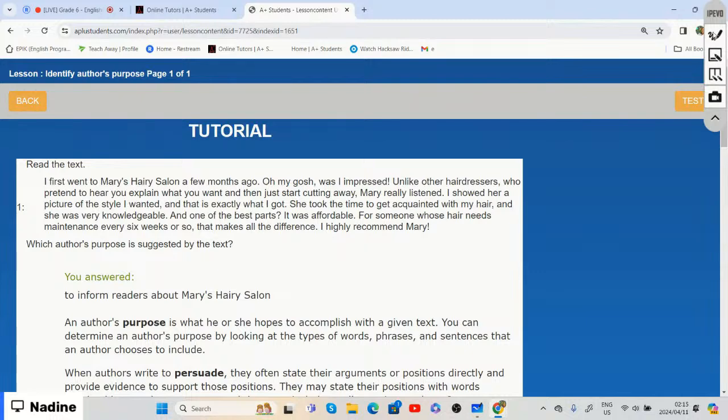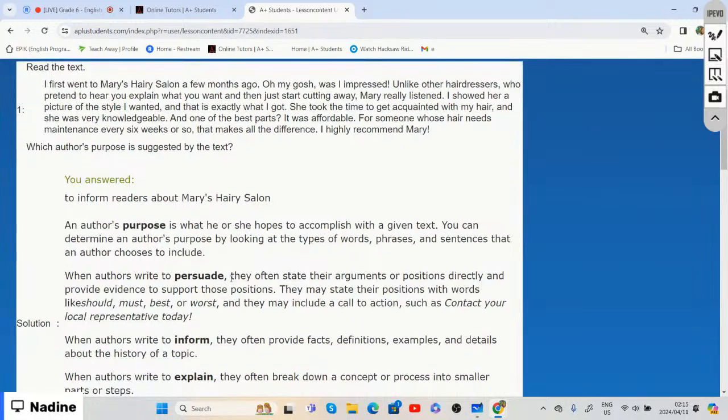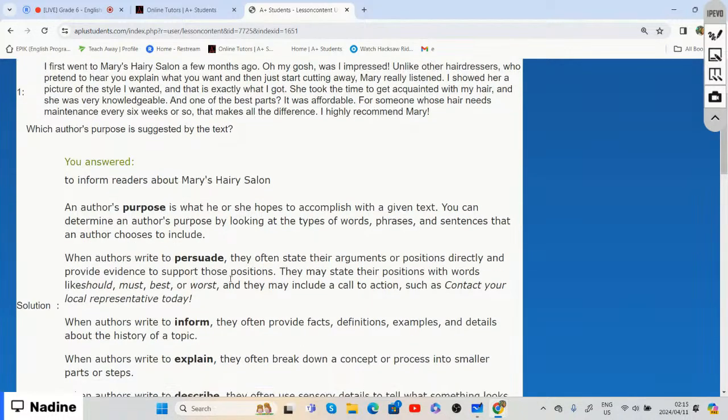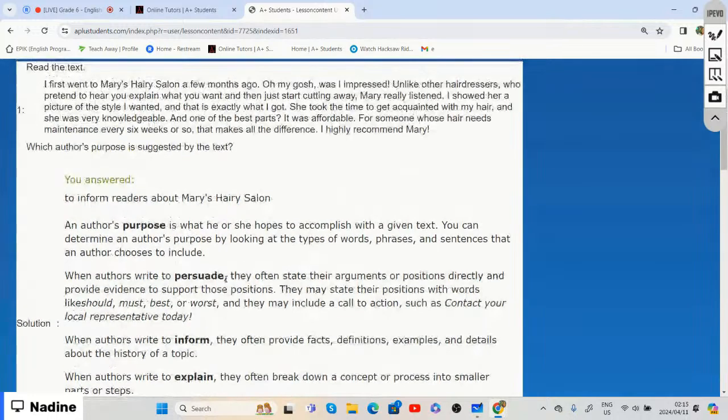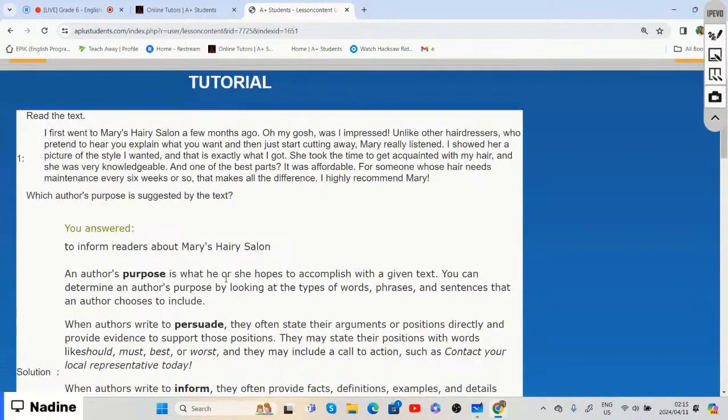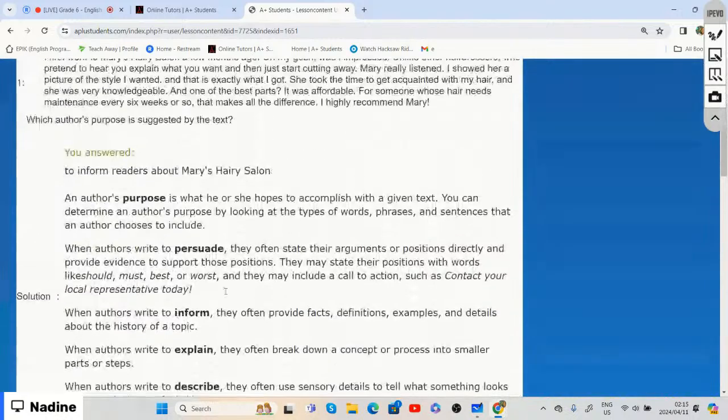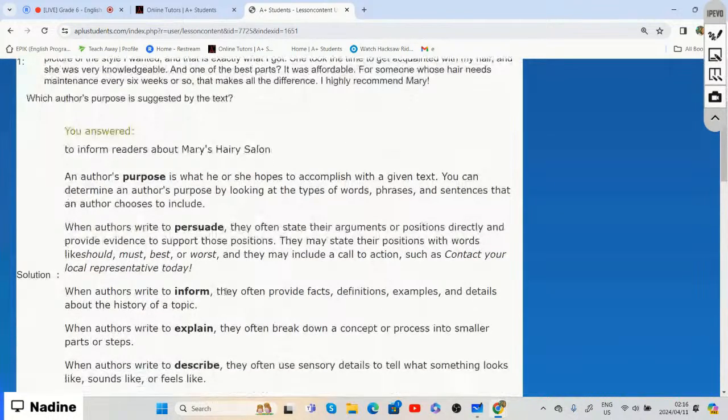We spoke about the author's purpose: persuading, informing, explaining, as well as describing. And we said to inform readers about Mary's hair salon, or about anything. An author's purpose is what he or she hopes to accomplish with a given text.